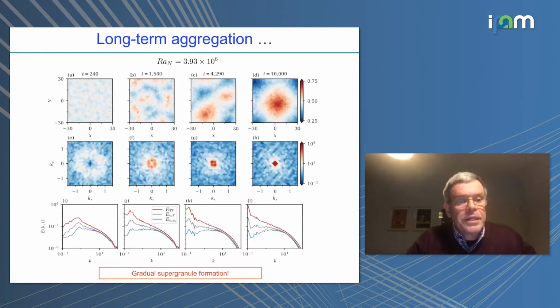We have a finite domain, so there is a minimum wave number that we can obtain in our setting. And what I show you here is the aggregation process that leads to this big cell, which we also term a supergranule. We start with a thermal equilibrium.